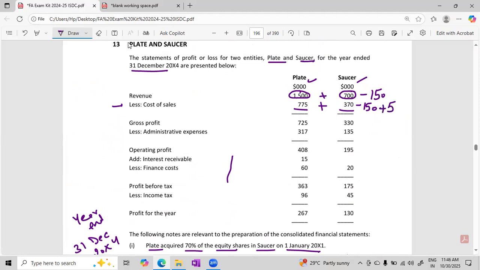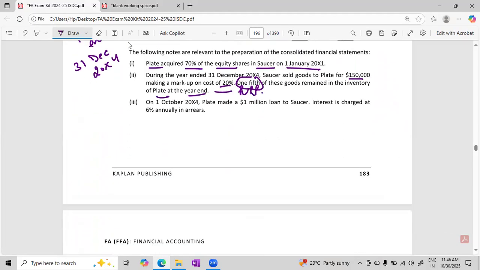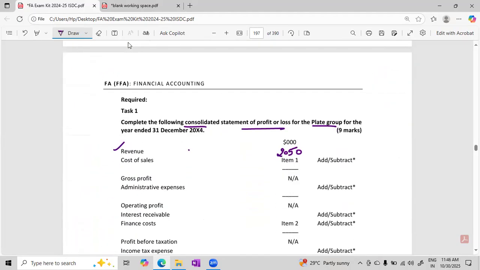So let's see what would be the answer upon calculating this. So this would come out to be 1,000, and we are going to subtract it because these are cost of sales. So subtract 1,000. And when you make this adjustment, you will get the gross profit of 1,050.